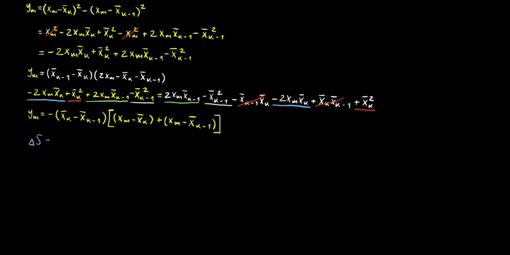With that, delta s becomes the squared difference between our current measurement and our current average minus the sum of the difference between our current average and our previous average multiplied by x sub m minus the current average plus x sub m minus the previous average, where n goes from 1 to k minus 1. Since the difference between the current and previous average doesn't depend on m, we can move it outside the summation.